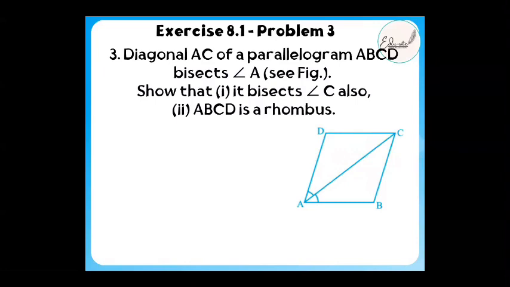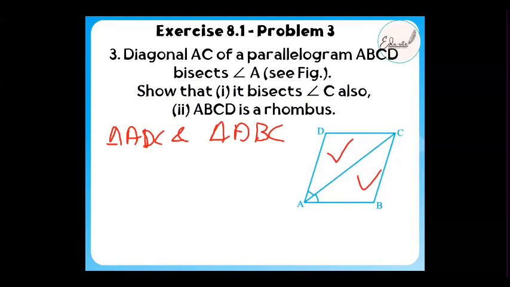Now tell me what points will you add to prove the congruence in triangle ADC and triangle ABC? AC is the common side. Excellent. AC is equal to AC.